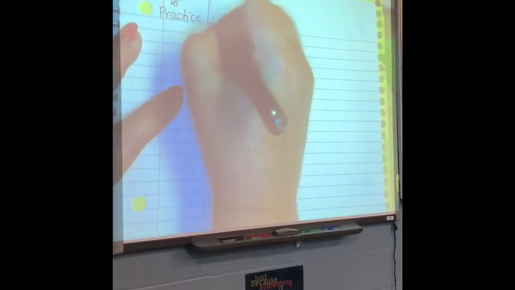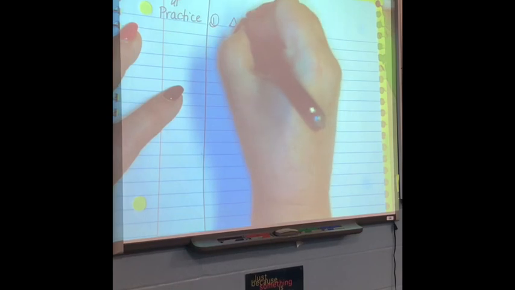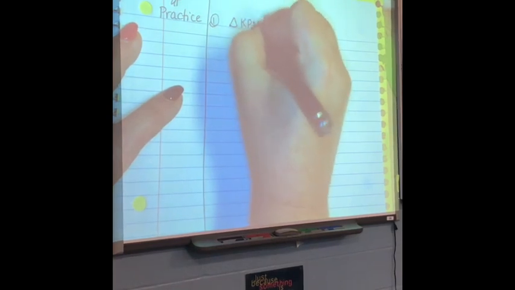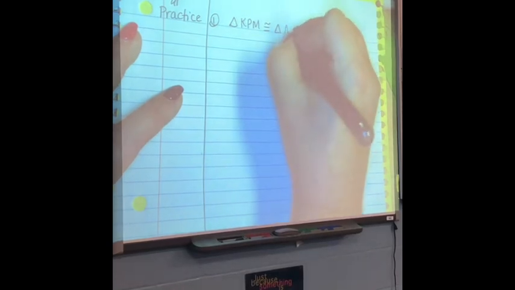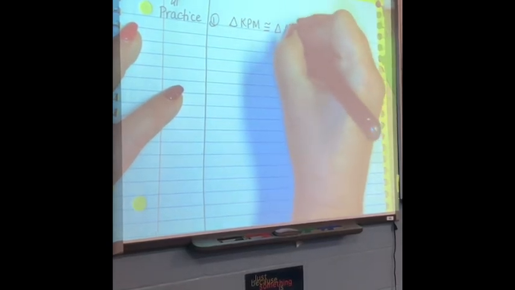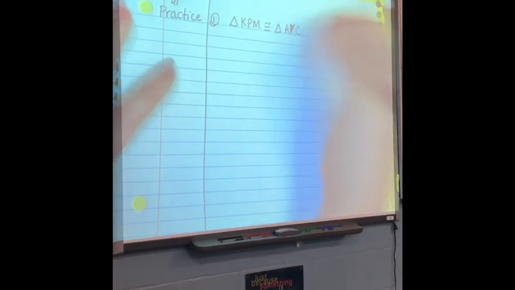I almost started all over. I started the 4 again. All right, practice. We're talking about triangle KPM congruent to triangle AYC. That's a Y, C. Got ahead of myself there.